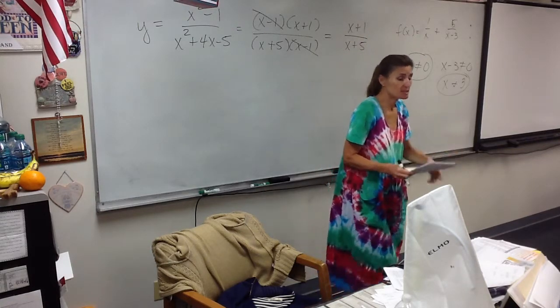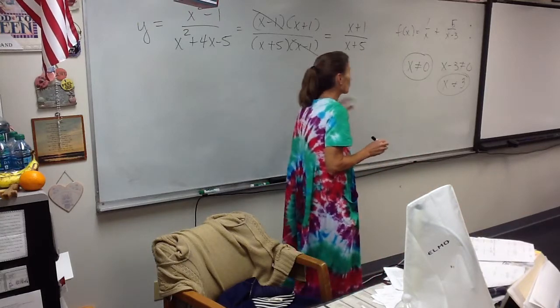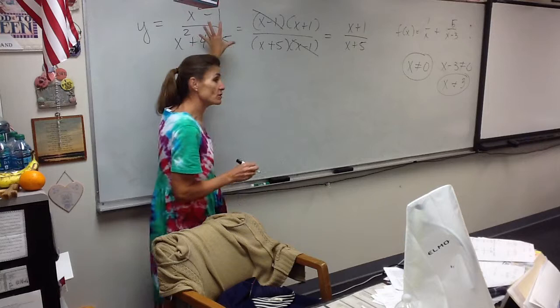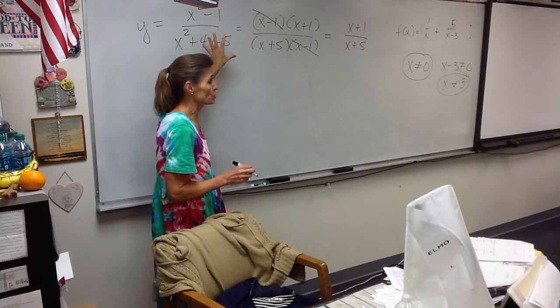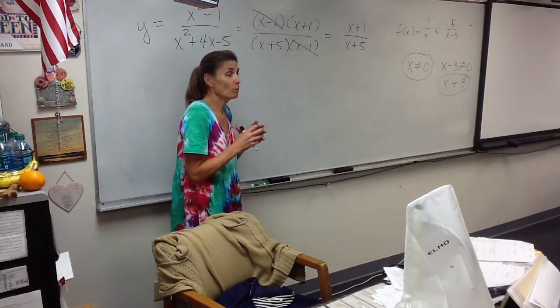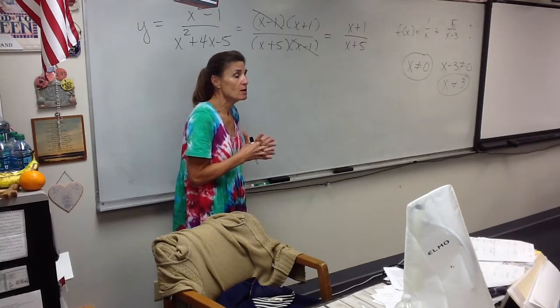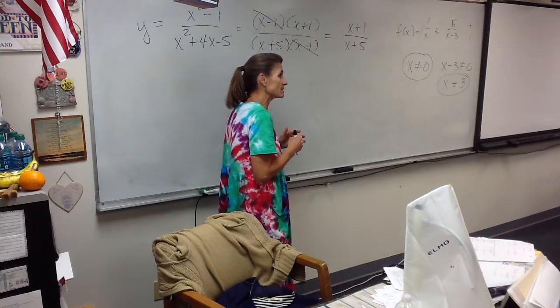Now, this is the new part. With rational functions, with functions that are written as fractions, there are two kinds of what we call discontinuities. One of the discontinuities is the vertical asymptote.